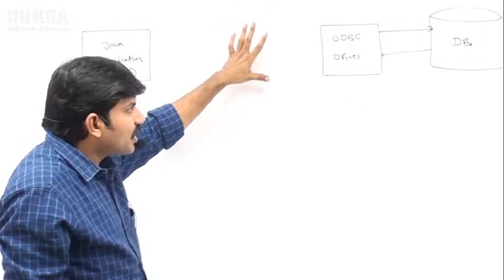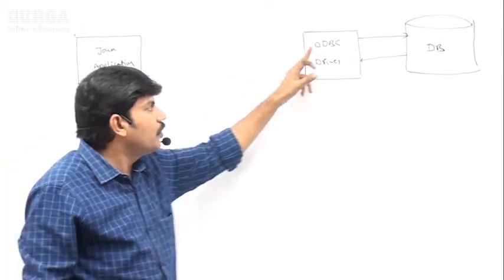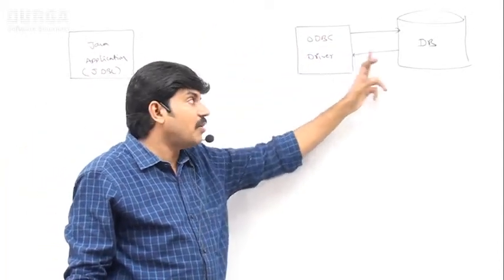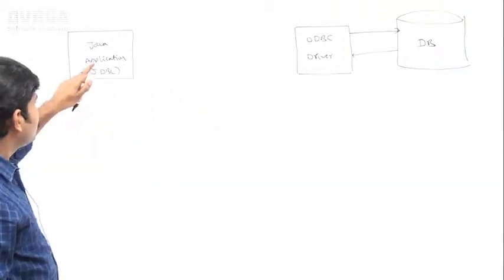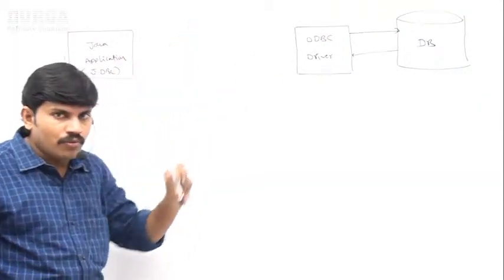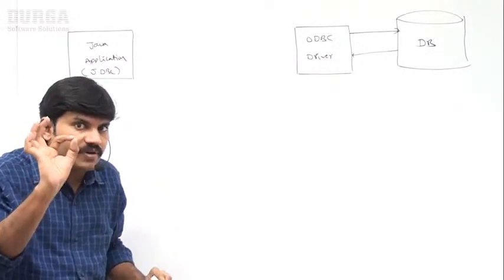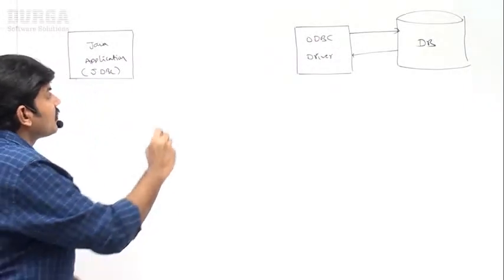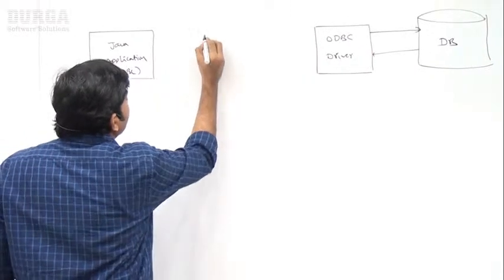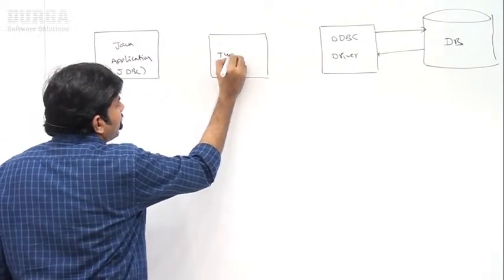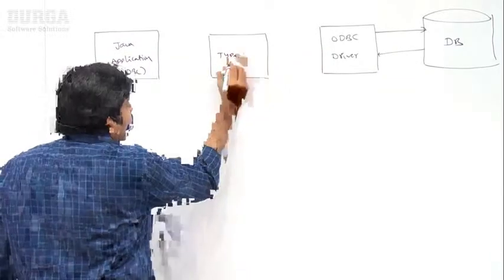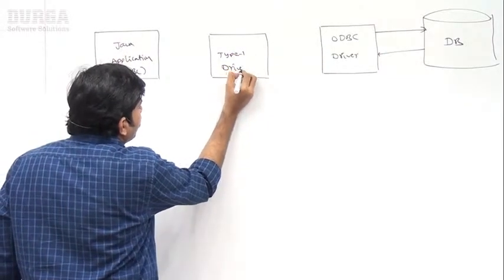If I am able to convert into ODBC calls, the ODBC driver can convert ODBC calls into database specific calls. So to convert JDBC calls into ODBC calls, some driver must be required. Correct or not? That driver is nothing but the type 1 driver, right? Are you able to understand? This is the type 1 driver.